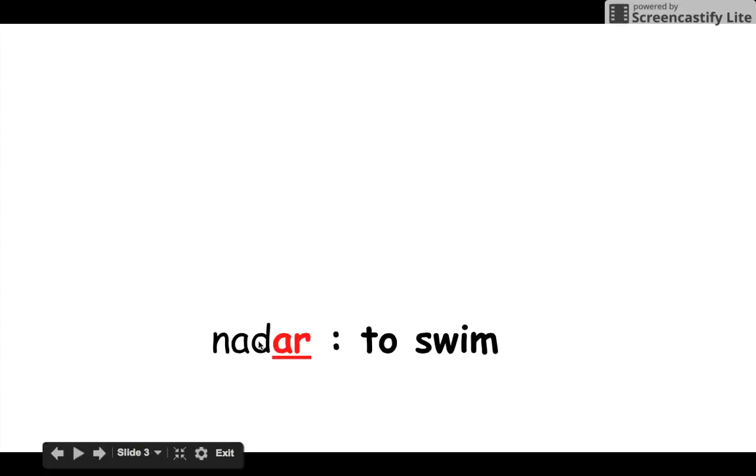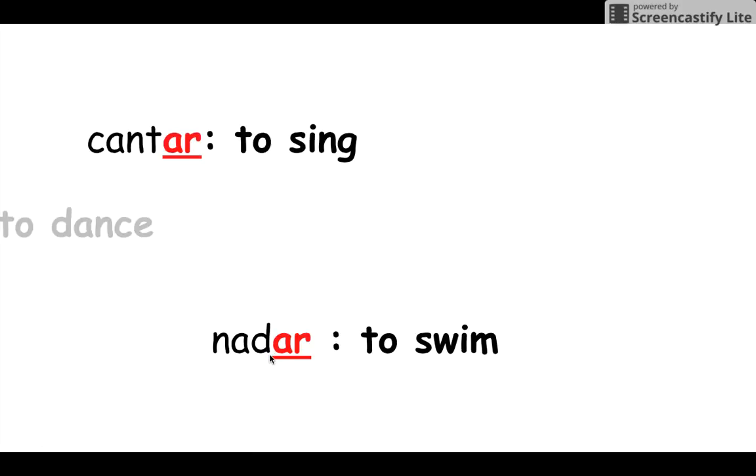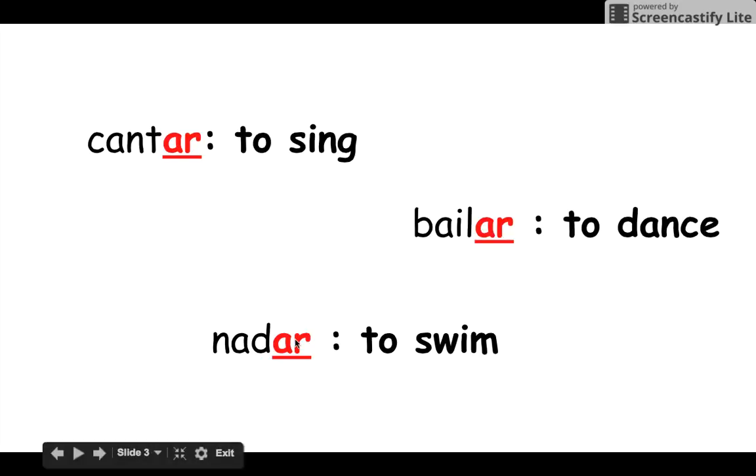Now, you also need to remember that in Spanish, the verb nadar or cantar or bailar, when they have the AR attached to it, it literally means to swim or to dance or to sing. So we don't know who's singing, who's dancing, who's swimming. That's why we have to conjugate the verb.